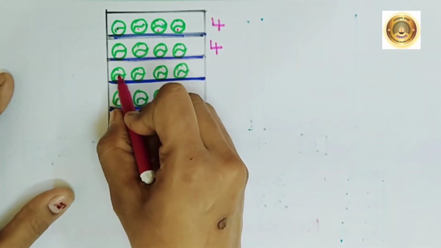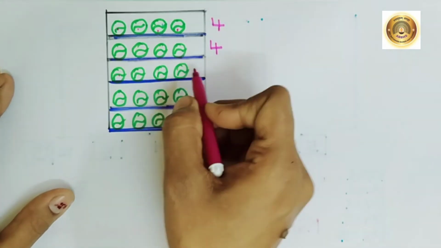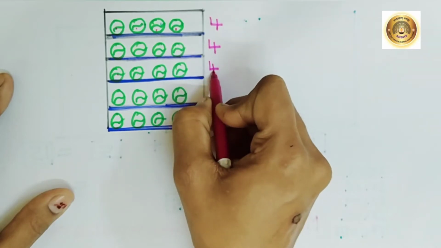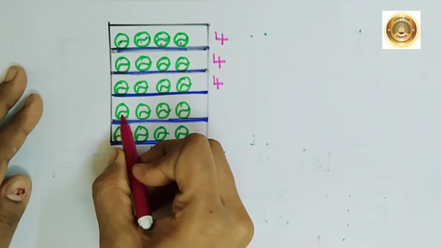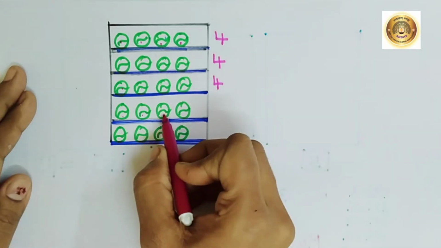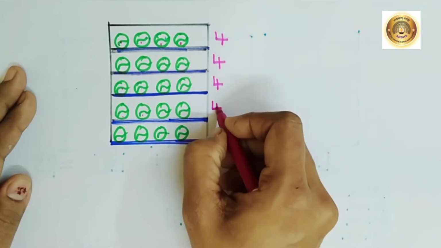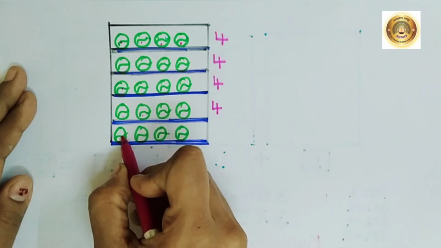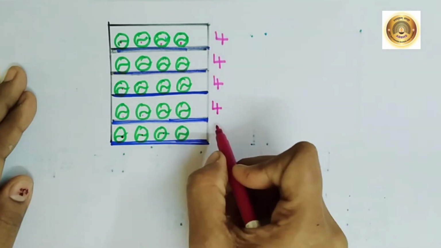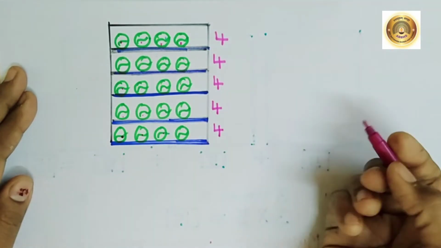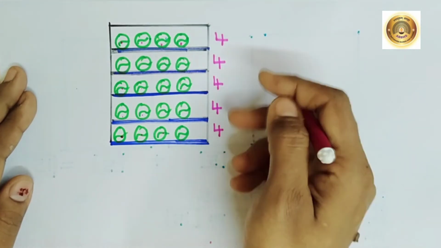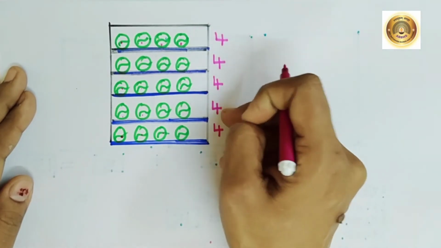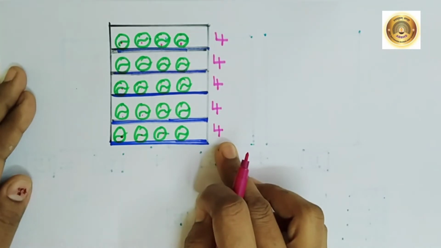In the third shelf 1, 2, 3, 4. And in the fourth shelf 1, 2, 3, 4. And in the fifth shelf 1, 2, 3, 4. See children, in each shelf we are having the same number of balls.